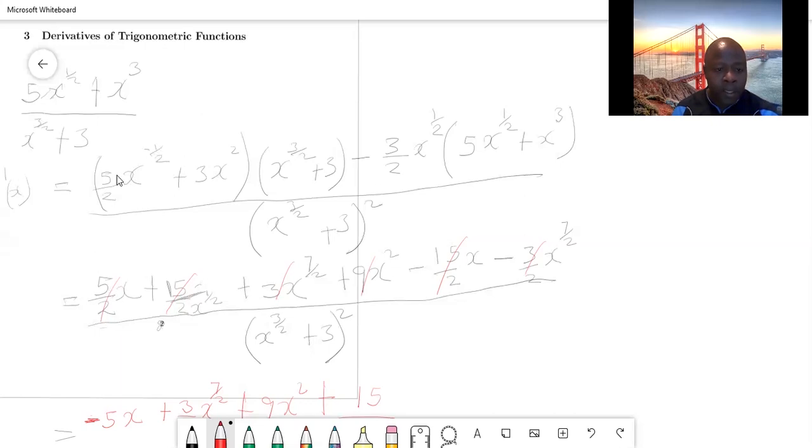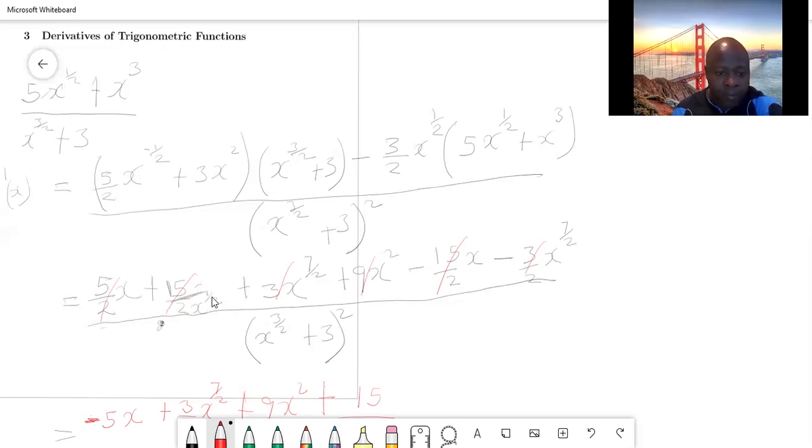So we decided to put this as a positive power, which meant that we put it in the denominator. This one times this gave us this. Then this one times that, yes, times 3, that gave us 15 over 2 x raised to a half.